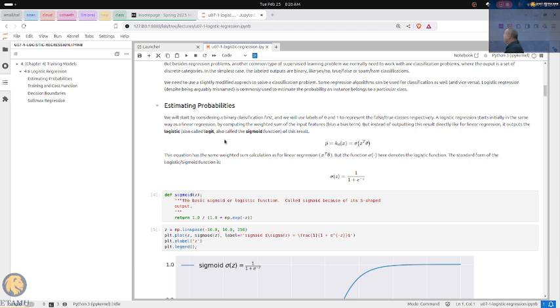So we usually use H as meaning kind of the hypothesis. So this is our function that we're trying to build, which, given a set of inputs, X here, is going to be what we think is the correct hypothesis or prediction for the labels.